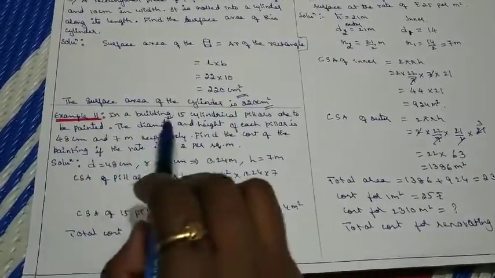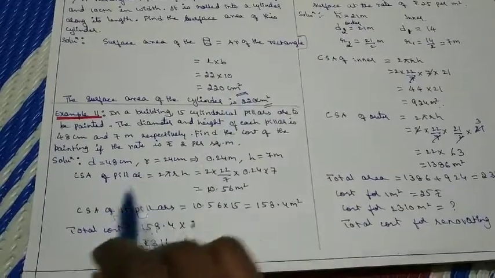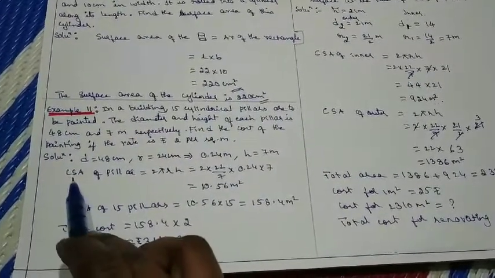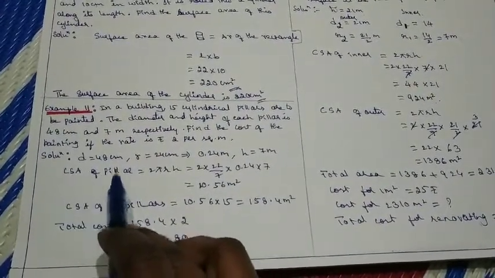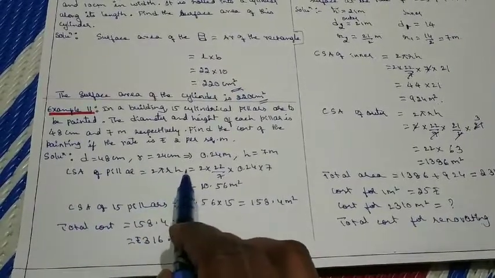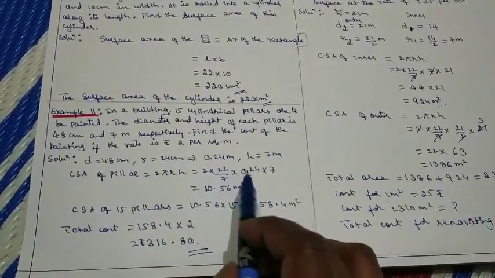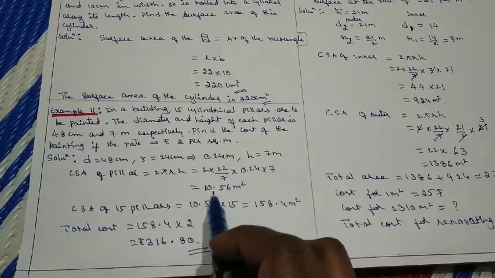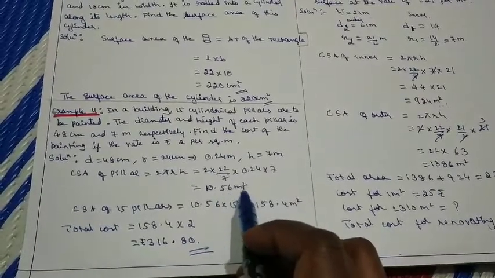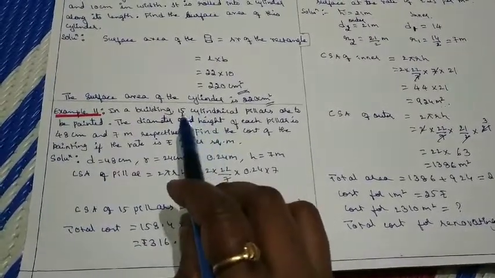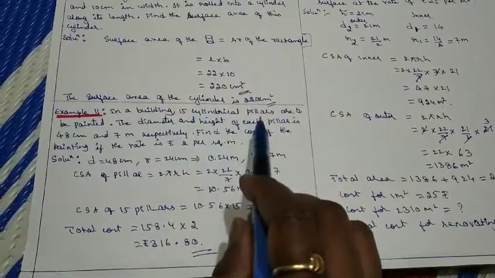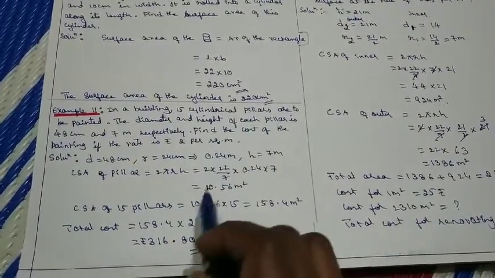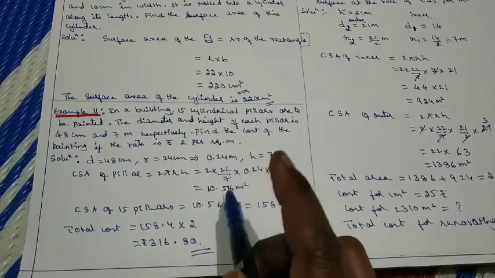So here painting of pillars is done only for the curved surface area. Therefore I'll find the curved surface area of one pillar, which is 2 pi RH. Substitute the values of radius and height. We get the CSA as 10.56 meter square. Since it is given 15 cylindrical pillars, I'll multiply the obtained CSA of one pillar by 15.